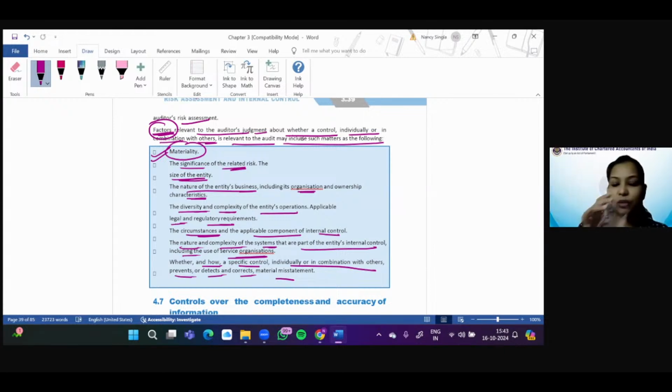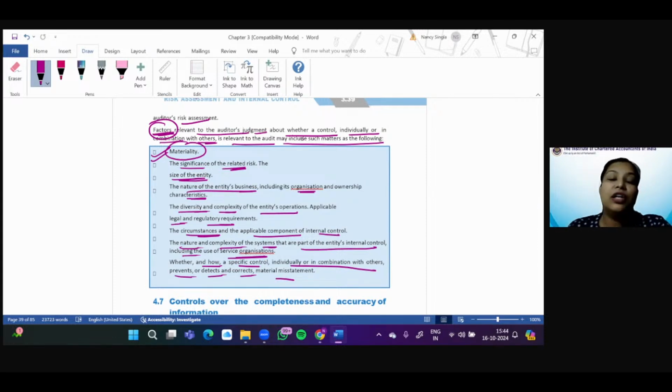So I hope you are able to understand what we are going to study in this chapter. In this topic, we are basically studying what factors the auditor will consider in order to see whether a particular control is relevant or not, right?